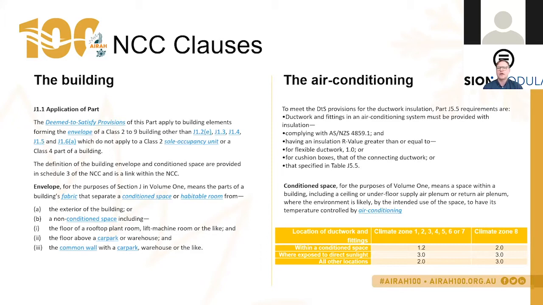The all other locations isn't defined in the code, so that does require a little bit of interpretation or application of where that all other locations is, and that's why I mentioned before about how we define the conditioned space. It's quite important.